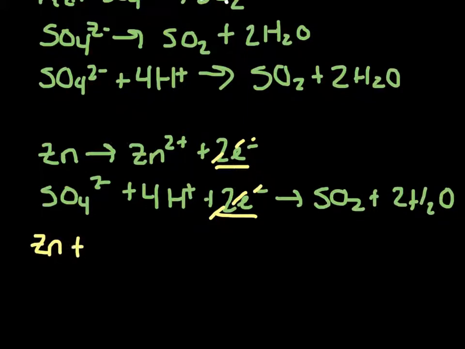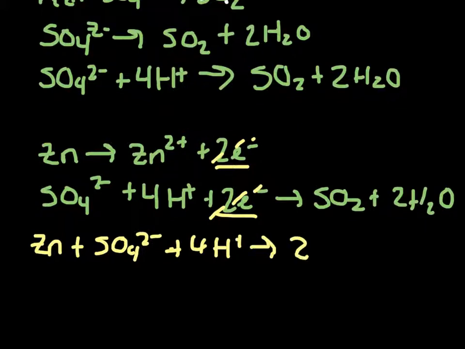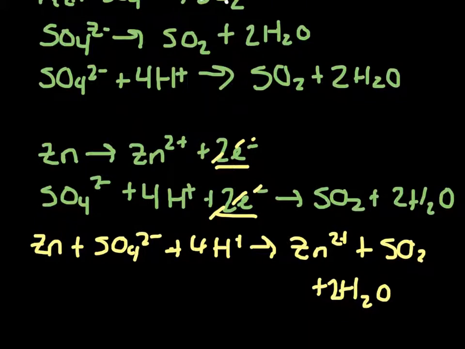So zinc plus SO4 2-, plus 4 H+, arrow, zinc 2+, SO2, plus 2 H2O. And there is the full redox equation from its half reactions.